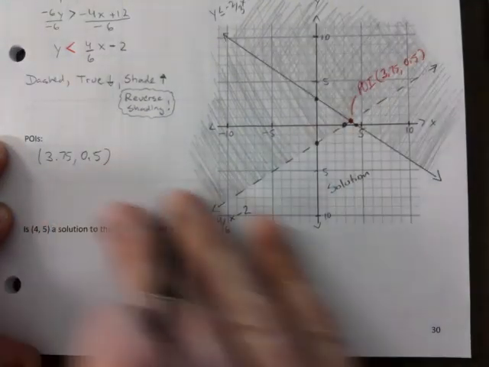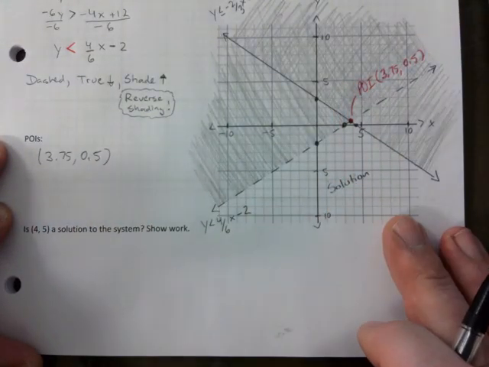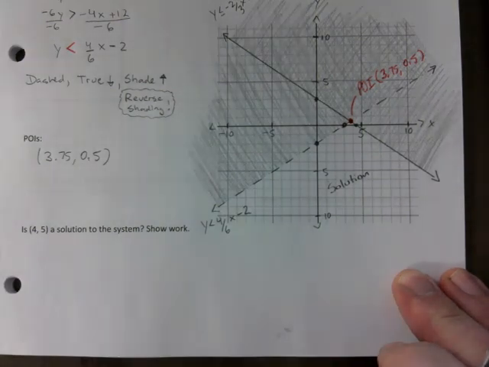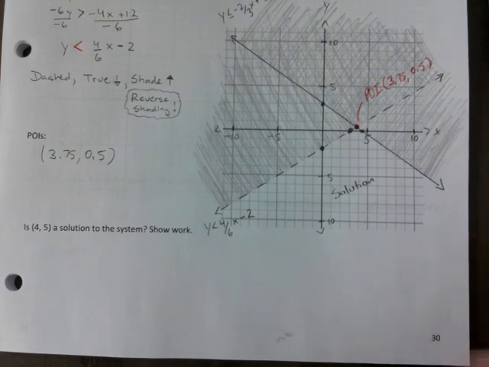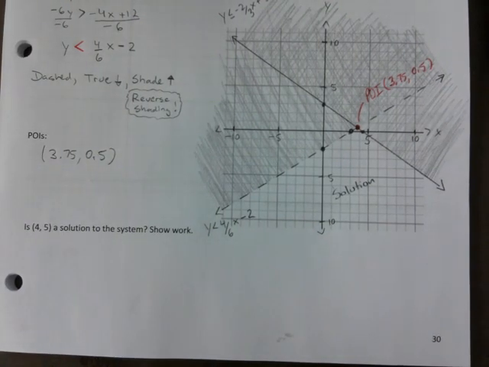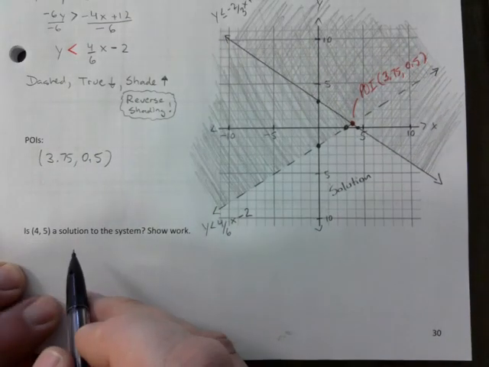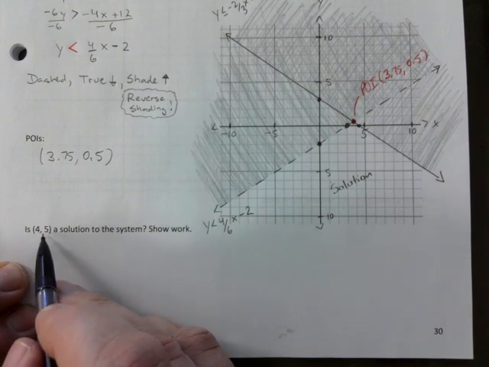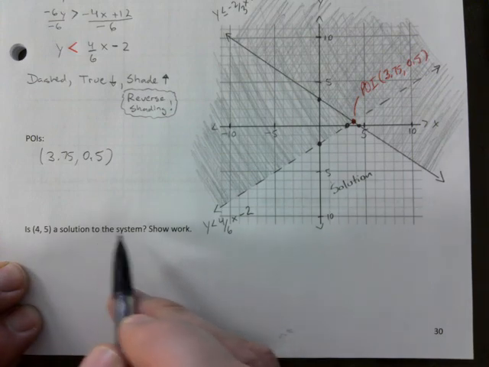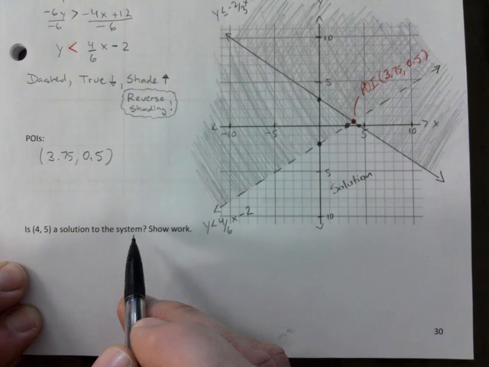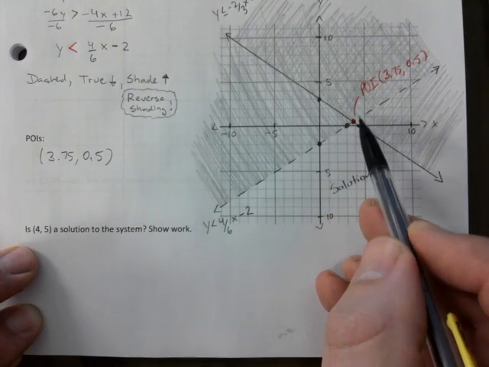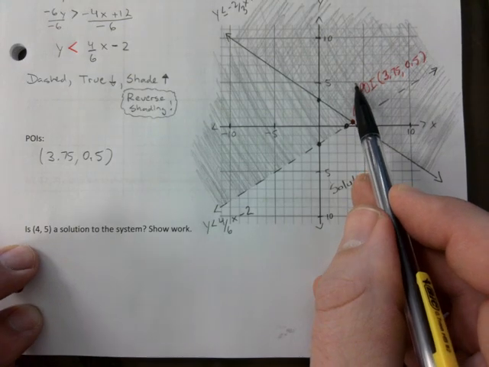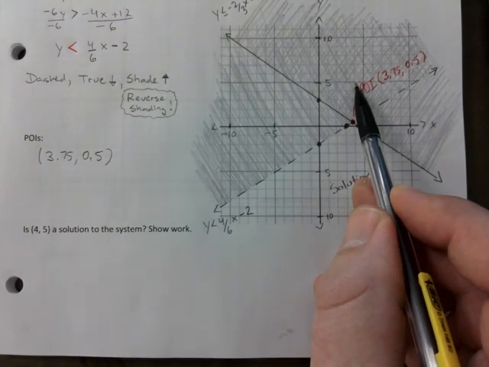So in terms of the graphing part, this is it. This one I throw in here and there, and I need you to show it mathematically. So let's do this real quick. Is 4, 5 a solution to the system? Where is 4, 5, guys? 4, 5 is over here. We know it's not a solution, right? We can just see it's not a solution, duh, right?